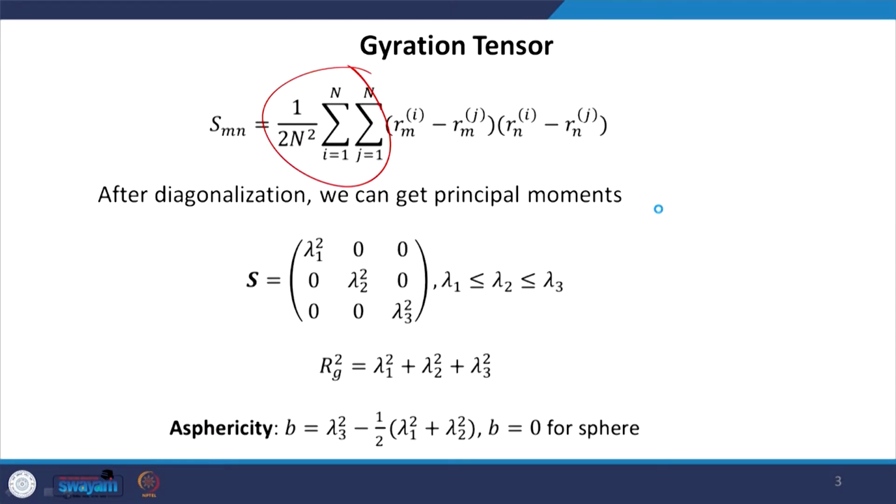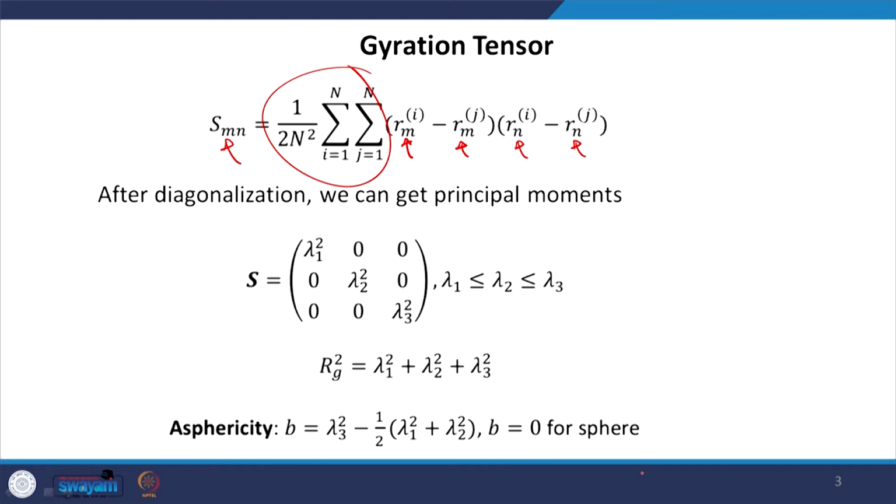But now I basically look at a particular component of the position vectors. So, in here I am looking at the mth component of Ri and mth component of Rj, and then I am multiplying with the nth component of Ri and nth component of Rj, and that gives me basically a matrix, and the m and n component of that matrix.